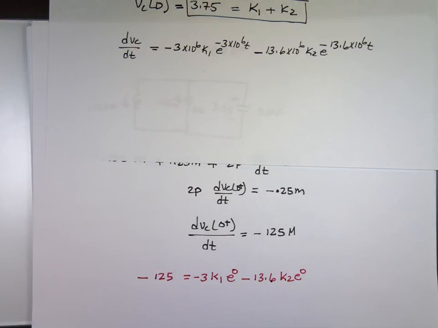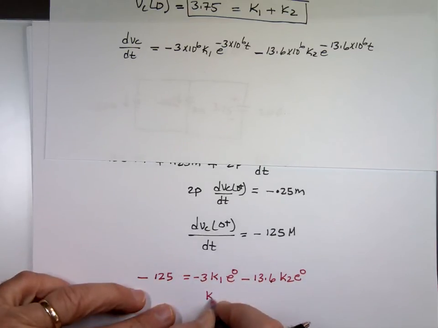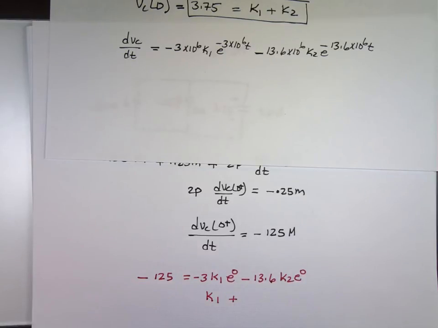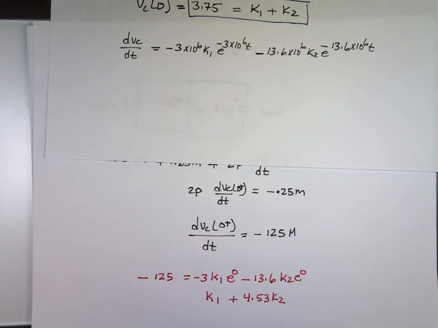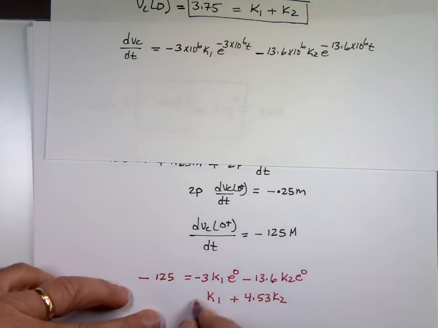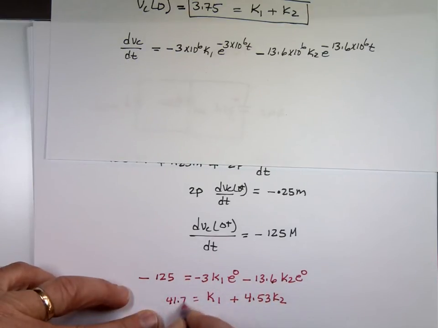Divide by negative 3: K1 plus, what is 13.6 divided by 3? 4.53 K2 equals 125 divided by 3, 41.7. That's my second equation.